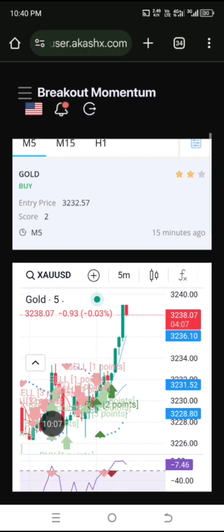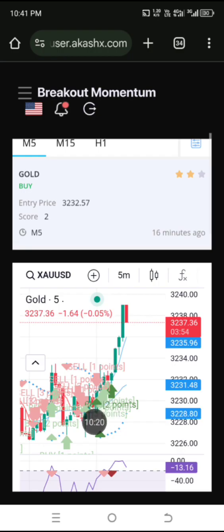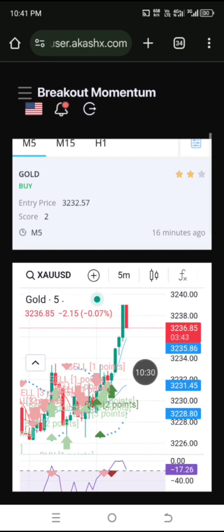Likewise, these light green arrows you are seeing were buy signals which were green, as in this one. They are now faded because those signals have expired. So when this current signal expires, it will also fade. So that is it.